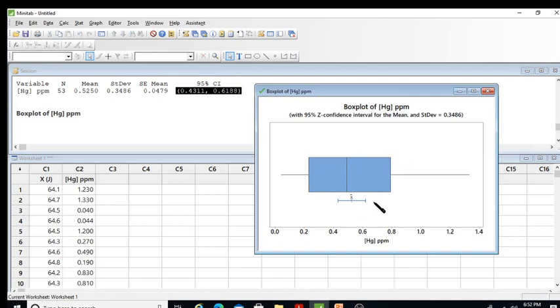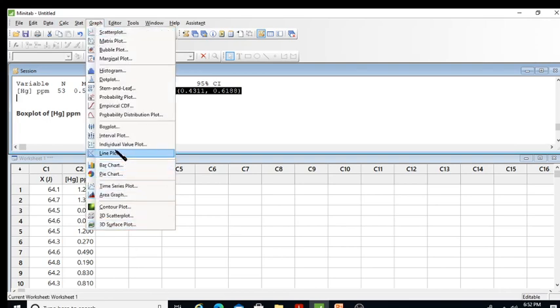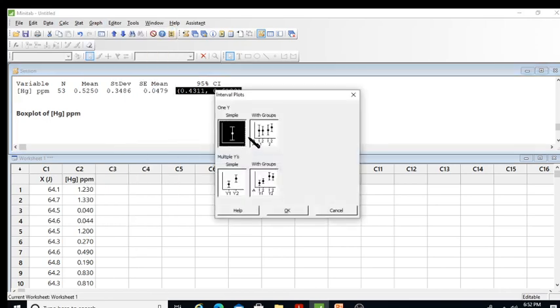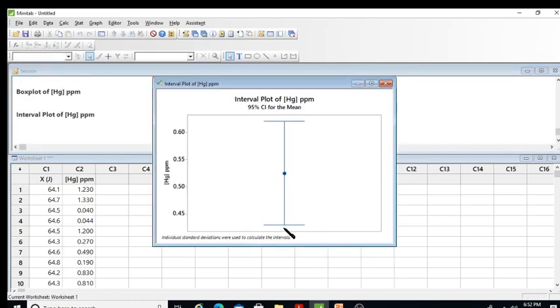And keep in mind this confidence interval, because the lower limit is 0.43, is different from what you get if you just plot the data, not doing the sample statistics. For example, if I just go on Graph and try to plot the interval plot for this particular data, which I have selected, I can draw this interval plot, which is not the same as 0.42 and 0.262.